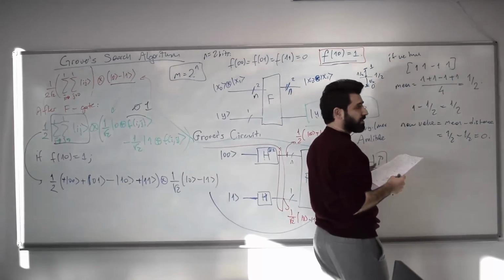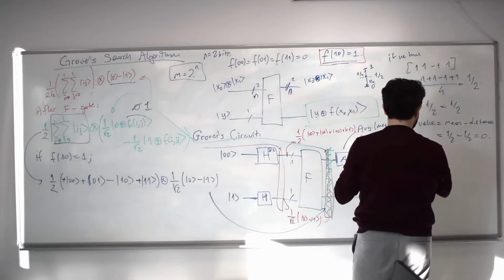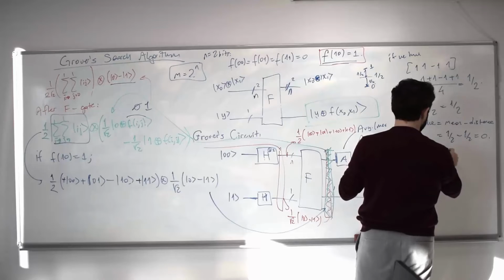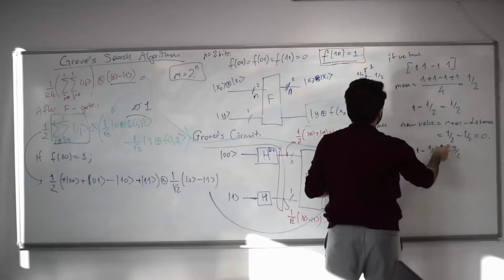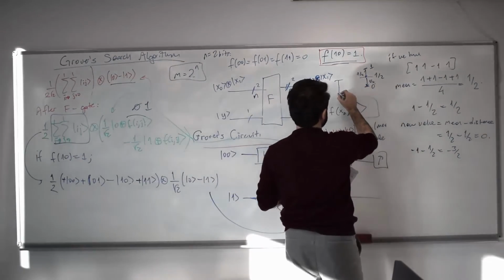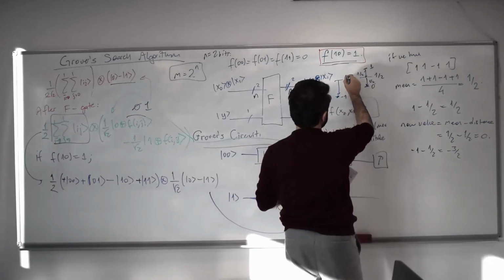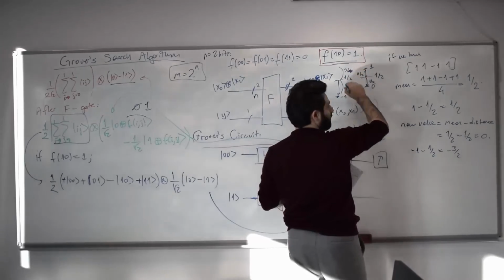And finally, let us assume the same mathematical transformation for the minus sign. Let's see what happens with the minus sign. Between minus 1 and 1/2, the distance is minus 3 over 2, but in a different direction, in other words the positive direction, because minus 1 is below the mean. So this is 3 over 2, and you have to add 3 over 2 on top, using the same logic.